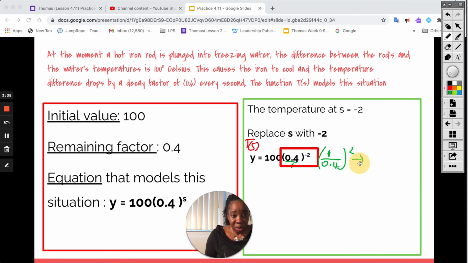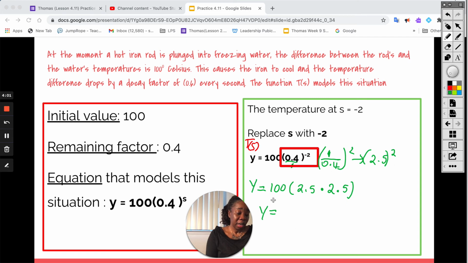So that becomes 2.5 raised to the second power, or y is equal to 100 times 2.5 times 2.5.